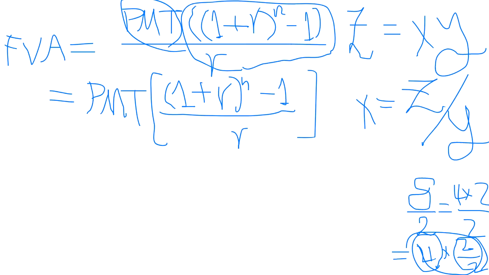So payment is equal to FVA divided by the thing in the bracket. I'll just call it the thing in the bracket.